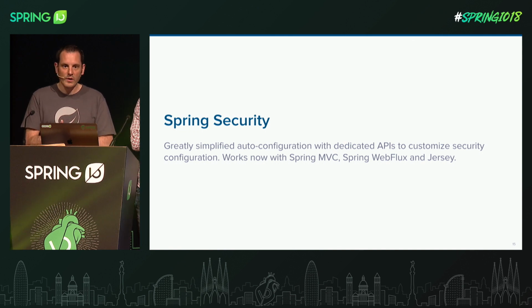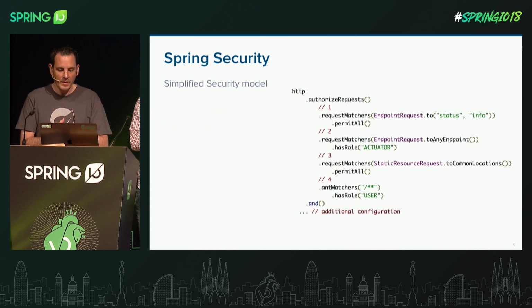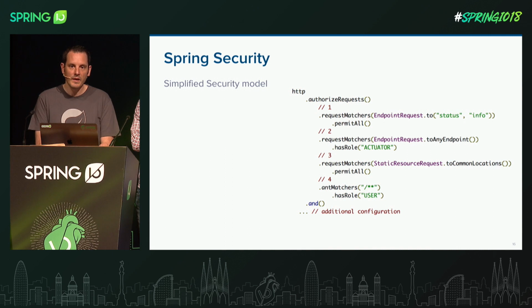But very quickly, you'll have to provide your own config. And what we didn't want you to do is, because you have to provide your own config, all of a sudden, you have to redo everything the auto-configuration was doing, right? We didn't want you to do that. So what we've done is providing some helper classes where you can very easily replicate what the auto-configuration does. So that's one, which is what you see on the screen.